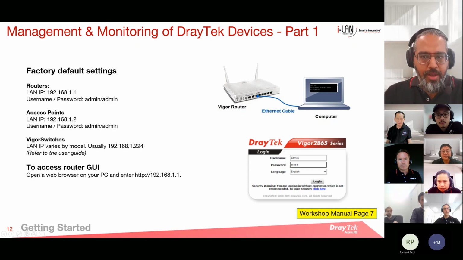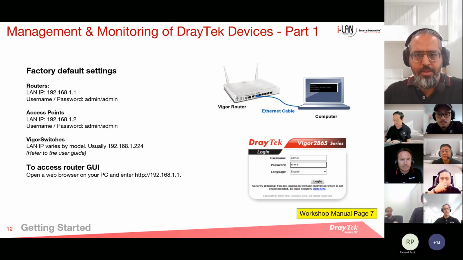For instance, most routers will have a default LAN IP of 192.168.1.1, while your access points will have the LAN IP of 192.168.1.2, and the switches have the default IP of 1.224. But this depends on the model, so it's recommended you check the quick start guide.